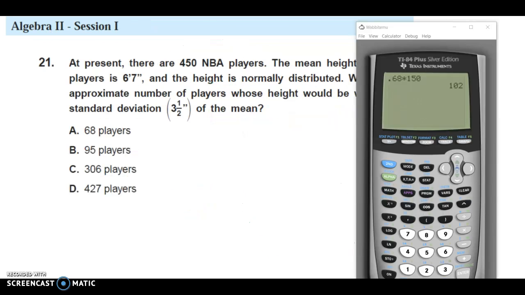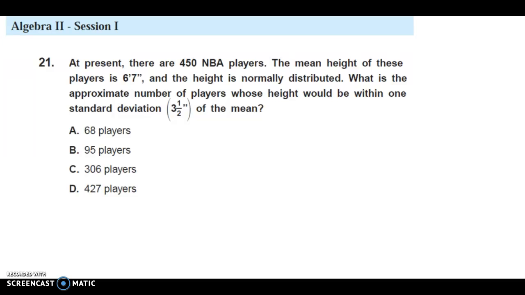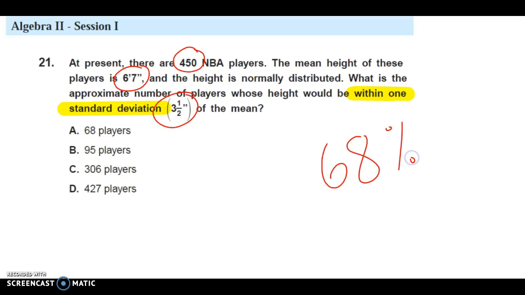Okay, the next one here. They give you a lot of information. They tell you there's this many players, the mean is 6'7", the standard deviation is this many inches. But none of that matters because all they're asking is what is the approximate number that are within one standard deviation. When you hear one standard deviation, you should automatically start thinking 68%.